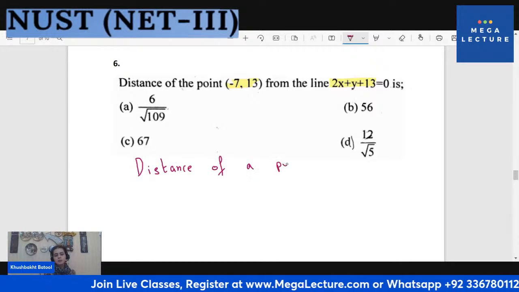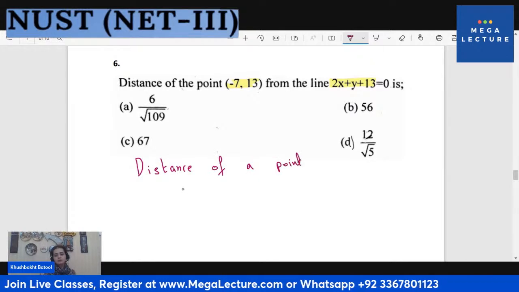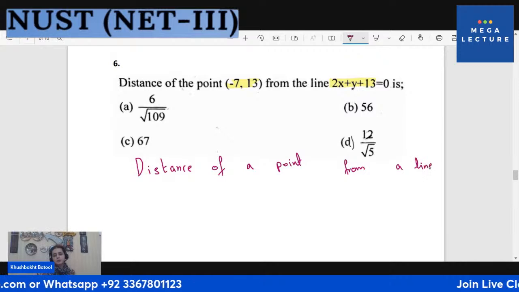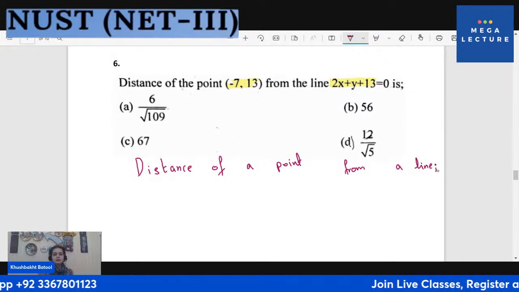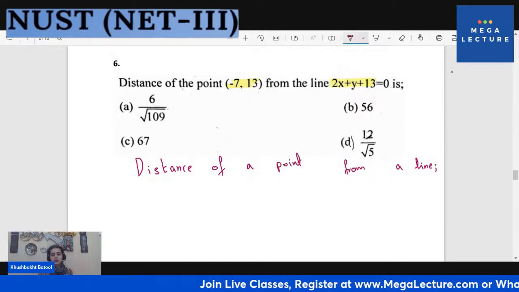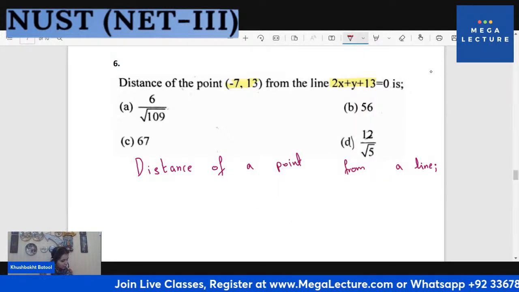Distance of a point from a line, right? This is something which we need to know in general because the question could be of any type, and I'll be writing down the formula.